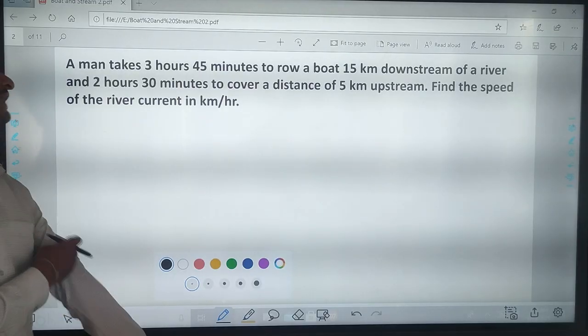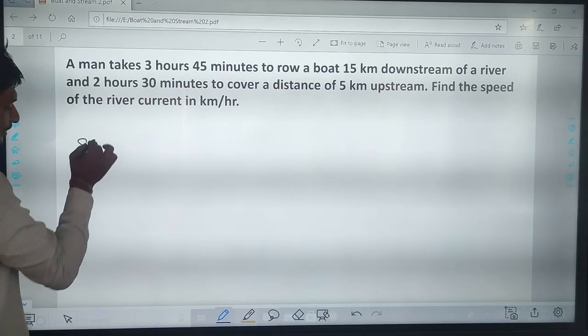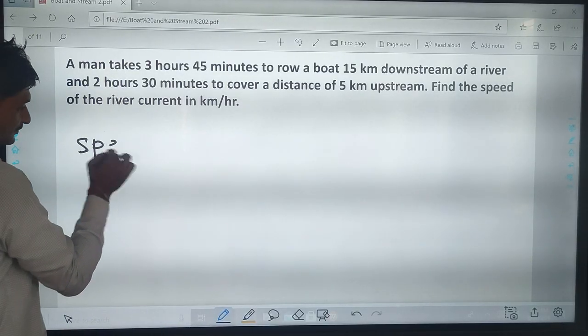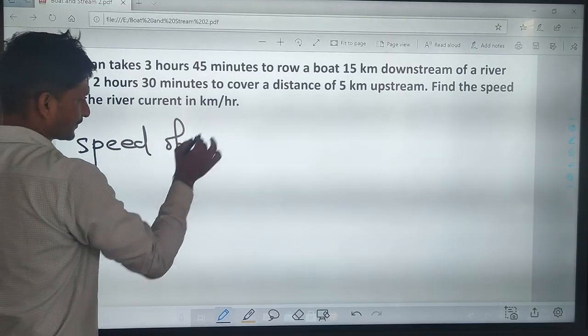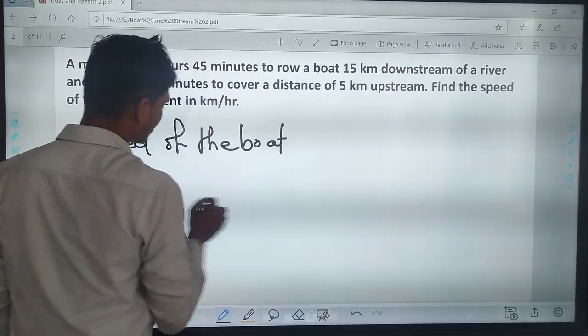Firstly, we find the speed of the boat downstream.